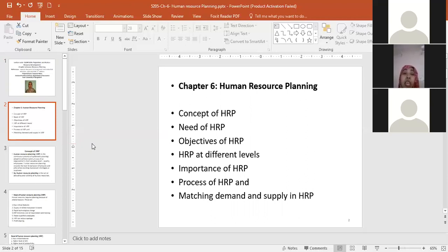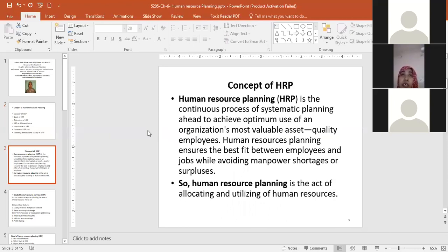Okay. Today I am going to discuss the 4 subtopics: concept of HRP, that means concept of human resource planning, need of human resource planning, objectives of human resource planning, and human resource planning at different levels.